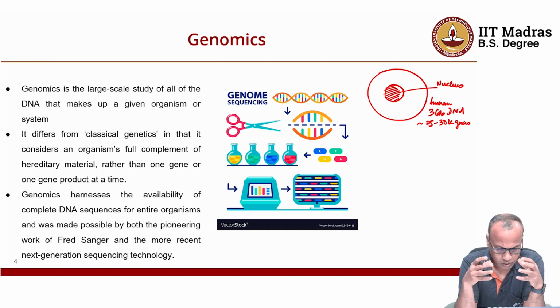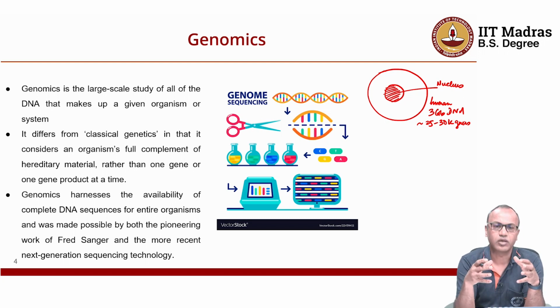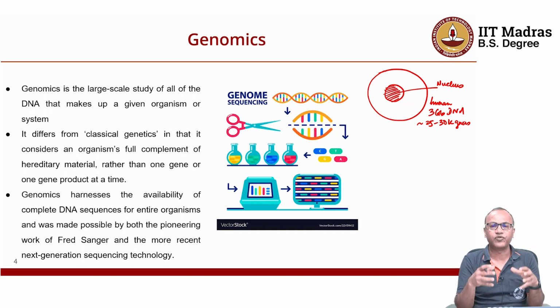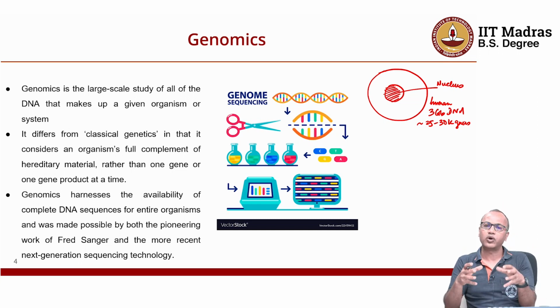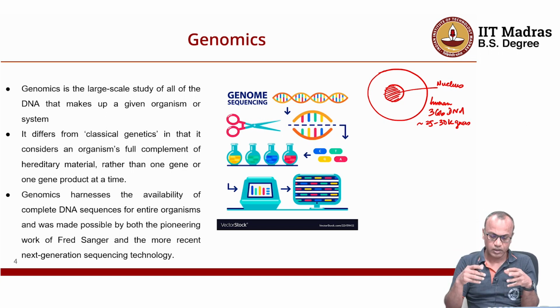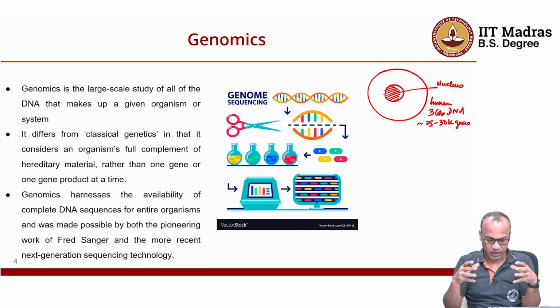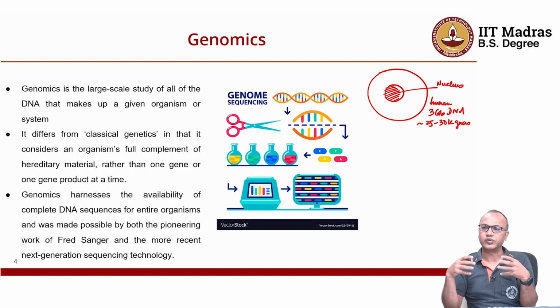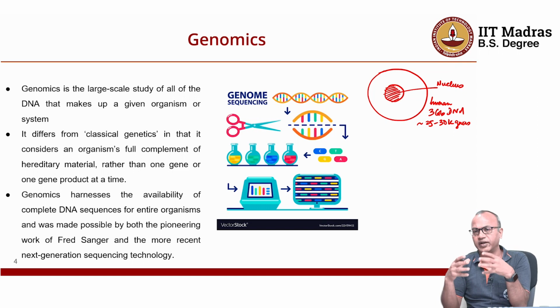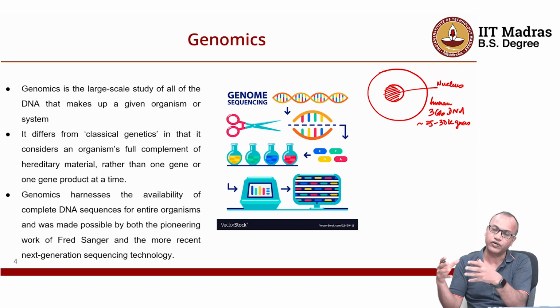So genomics allows us to take the whole organism's information and figure out what are all the genes in an organism, what are all the differences between different individuals of a species, and if we are comparing disease versus normal, what is the difference between the genes of a diseased individual versus genes of a normal individual.